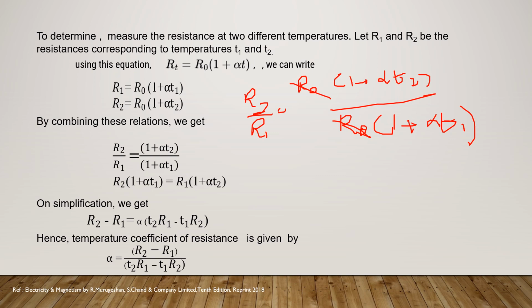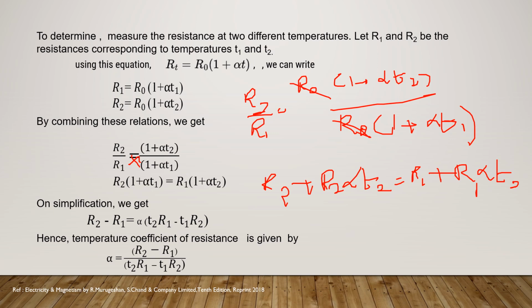Now, cross multiplying, we get R2 into 1 plus alpha T1 equal to R1 into 1 plus alpha T2. This can be written as R2 plus R2 alpha T1 equal to R1 plus R1 alpha T2.